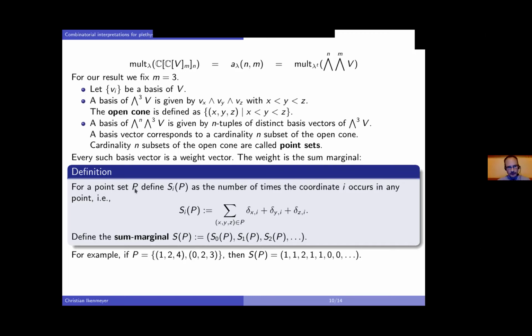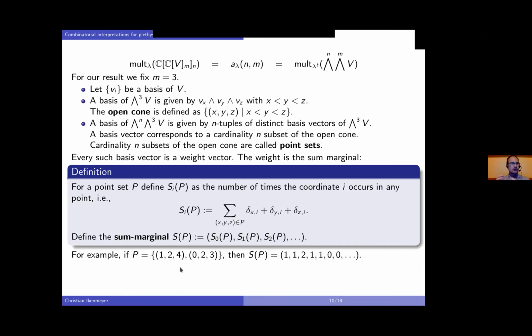For any point set P, you define S_i(P) as the number of times the coordinate i occurs in any point. Formally, you take all the points (x, y, z) in your point set and add 1 if your coordinate is equal to i. This is a Kronecker delta. The sum marginal is just S_0, S_1, S_2, and so on.